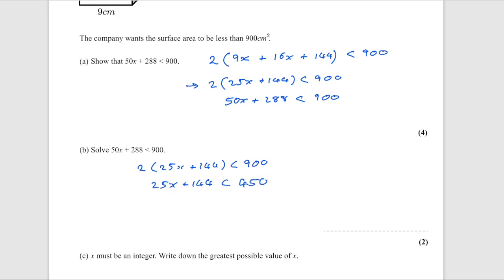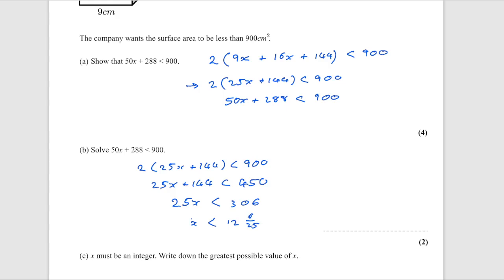If I minus 144 from both sides, that will give me 25x has to be less than 306, and then divide both sides by 25. X is going to be less than 12 and 6/25.